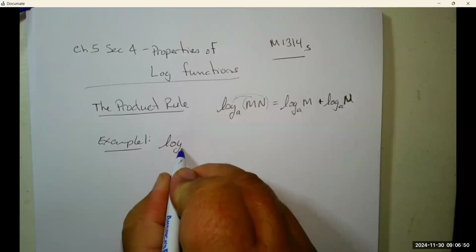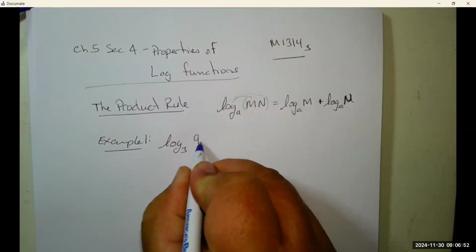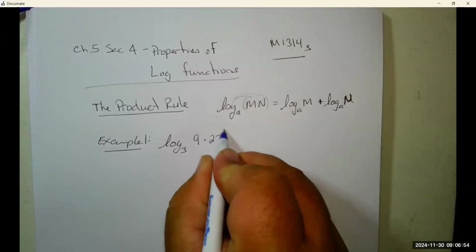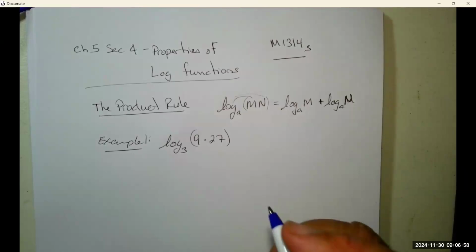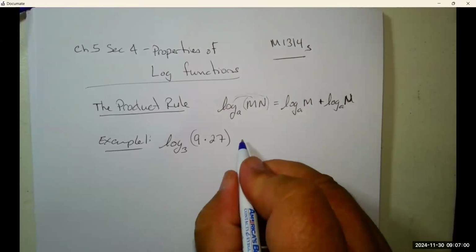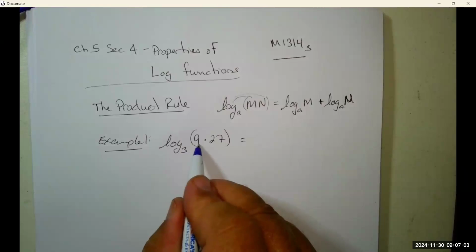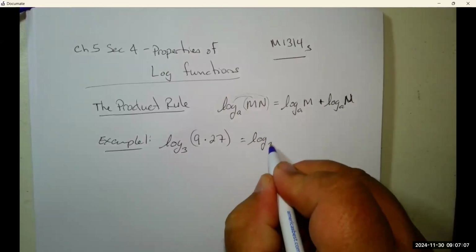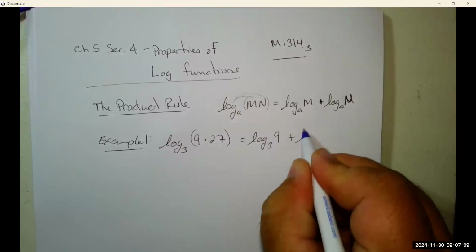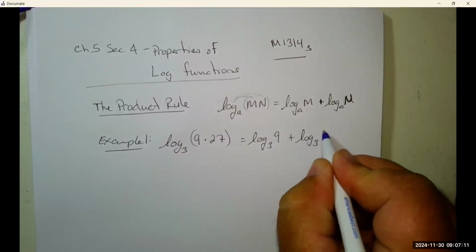The log base 3 of 9 times 27. Since it's a product, we can split them up: log base 3 of 9 plus the log base 3 of 27.